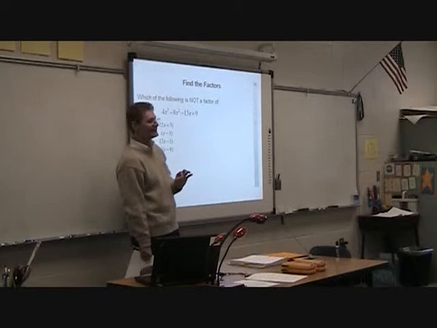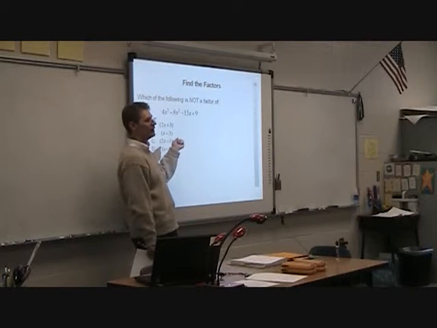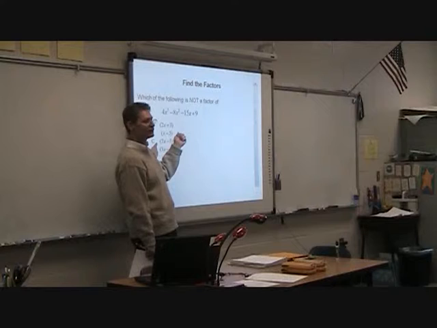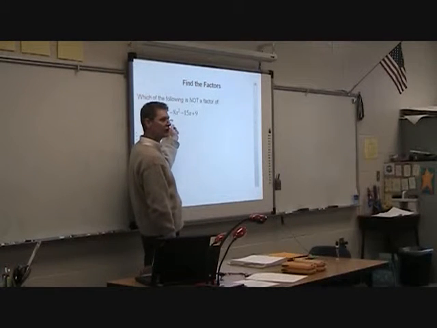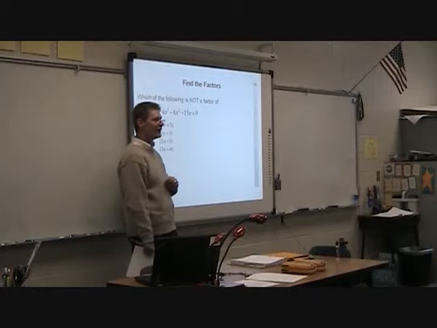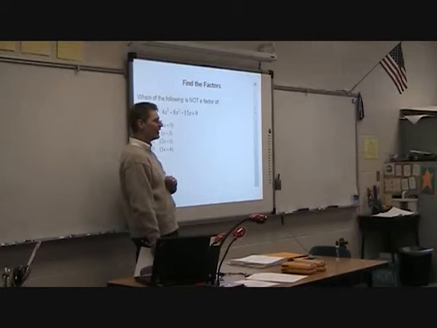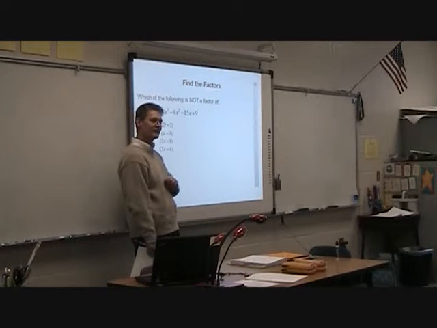How do you do that, Lillian? Lillian and I worked after school yesterday. How do you limit the number of things that you have to test? Oh, you use Descartes. Descartes' rule of signs will actually help you narrow down which ones to test.